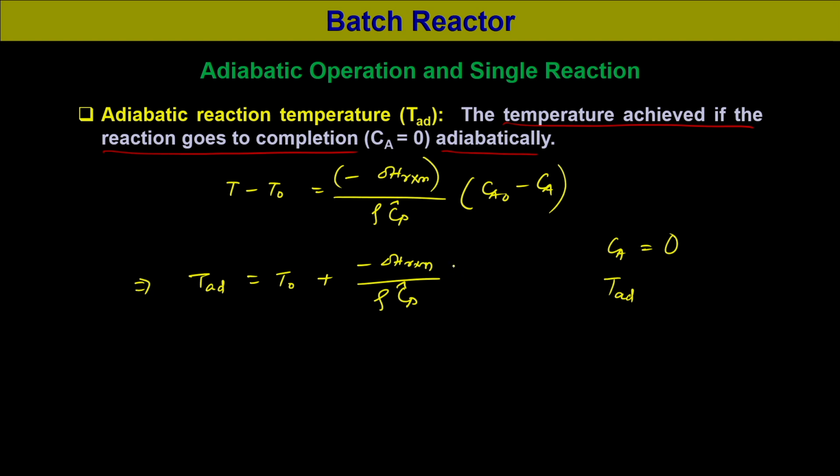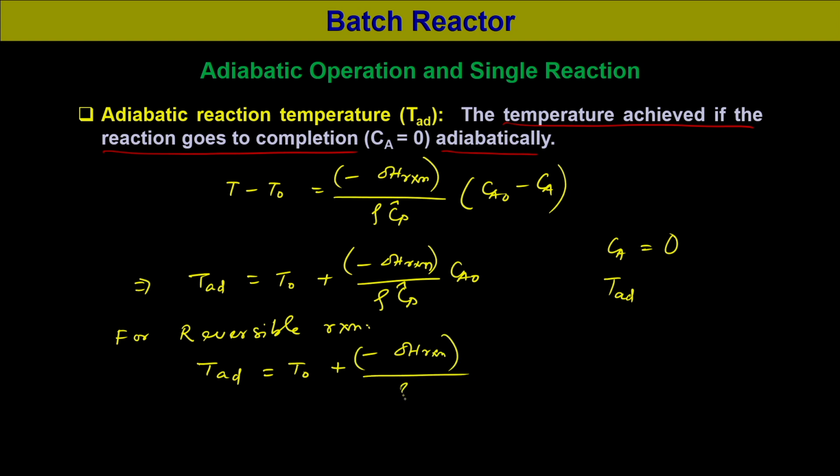Now, if the reaction is reversible in nature, we can write T adiabatic would be equal to T naught plus minus delta H reaction by rho Cp into Ca naught minus Ca equilibrium.